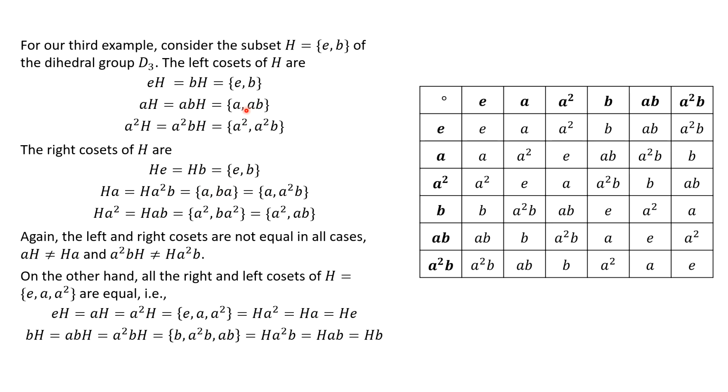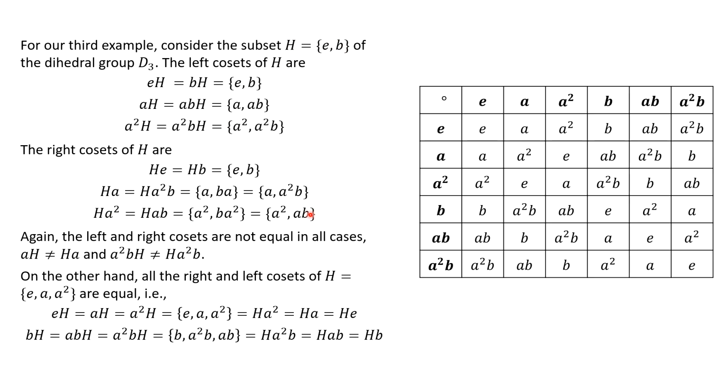So these two are not the same, and you see there are other ones that are not equal also. For example, H times A squared and A squared H give you two different results.